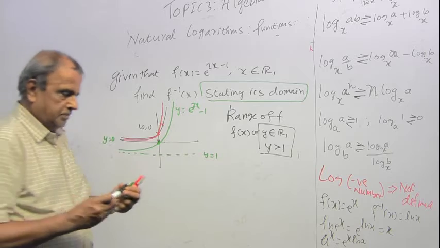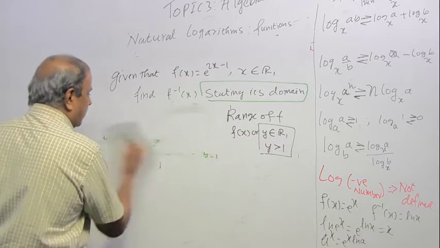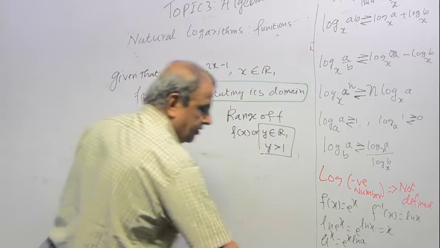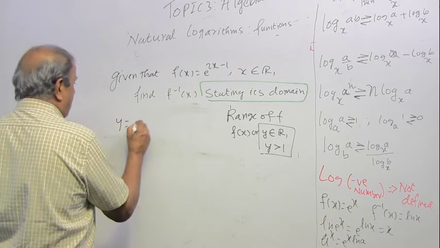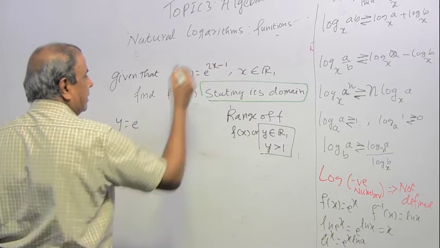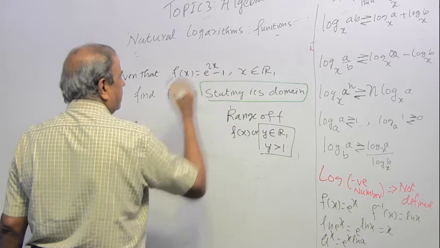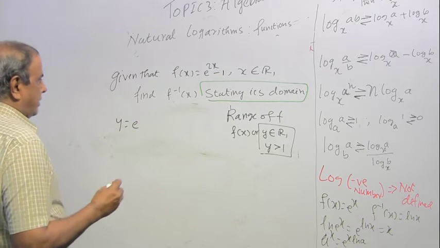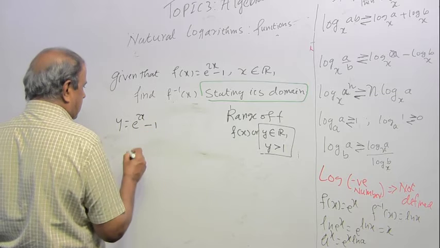Okay? Good. Now I must find the inverse. How do I find the inverse? I'm recollecting what we did. Call the equation y equal to e power 2x minus 1.